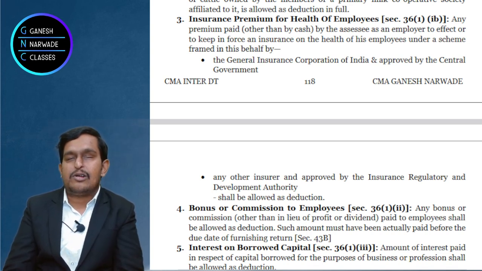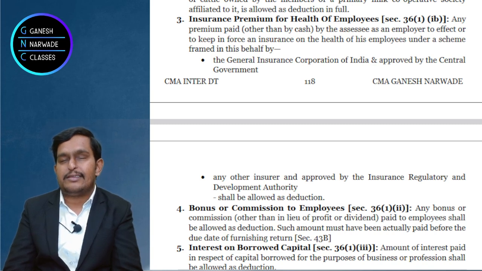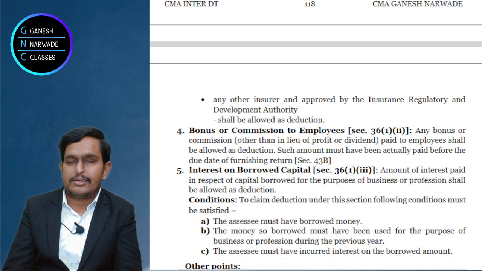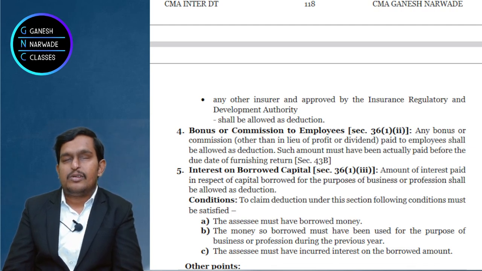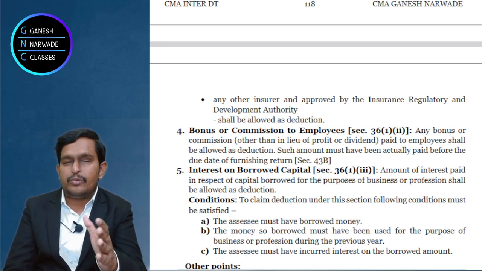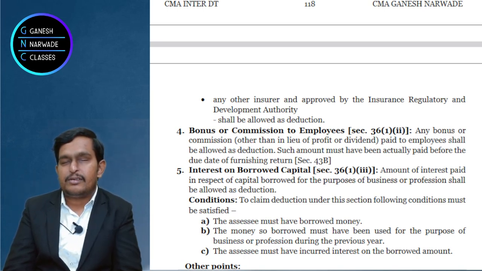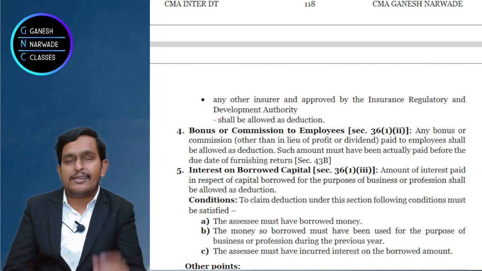Correct. Now come to the very important point, interest on borrowed capital. Section 36 subsection 1 clause 3. Now, should interest be allowed as deduction? The answer is absolutely yes. It should be allowed. But please remember, if you have taken the loan for personal purpose and you are paying interest, that is not allowed as deduction.